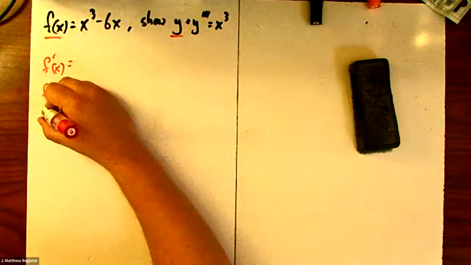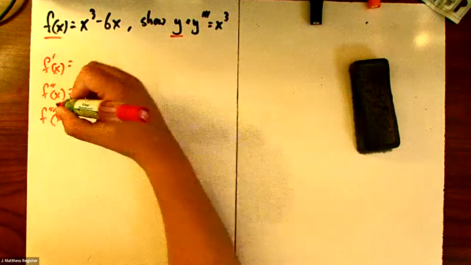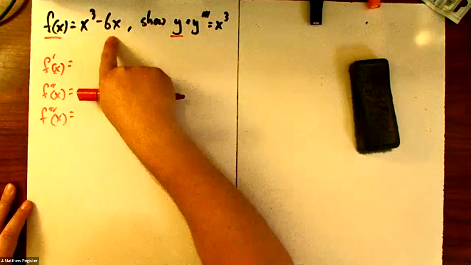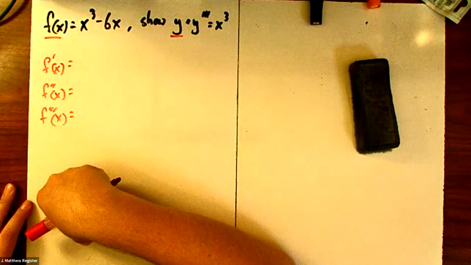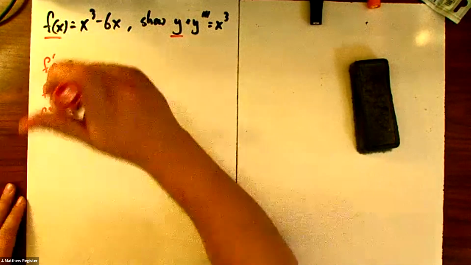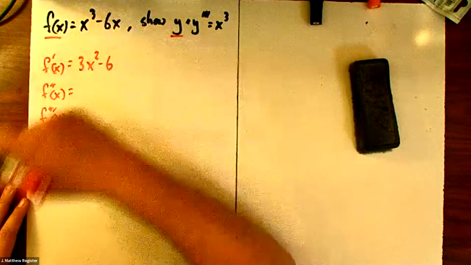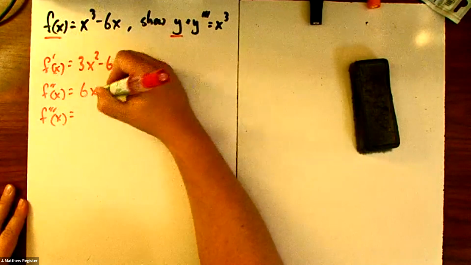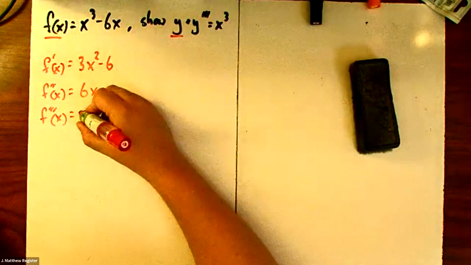And then we need to figure out what y triple prime of x is. And it's a good exercise to actually go through and take the derivative of this 3 times. But since we don't have the shortcuts yet, I'll just give you the cheat for it. And so the first derivative is going to be 3x squared minus 6. The second derivative is going to be 6x. And the third derivative is just going to be 6.